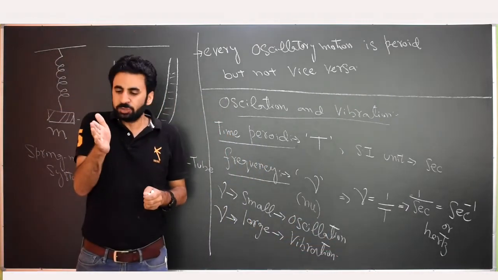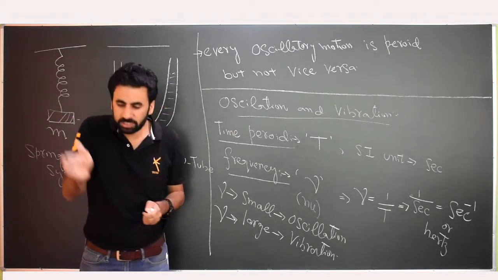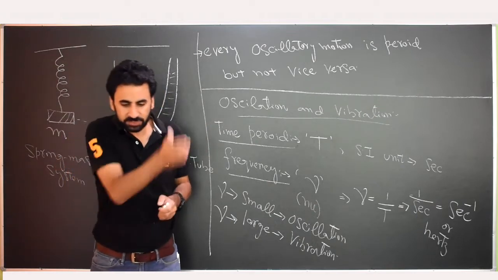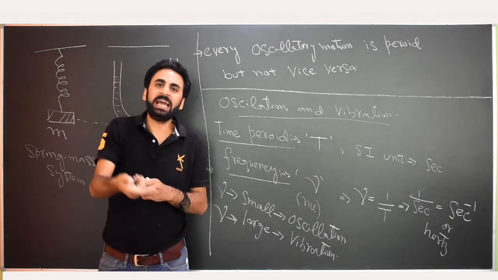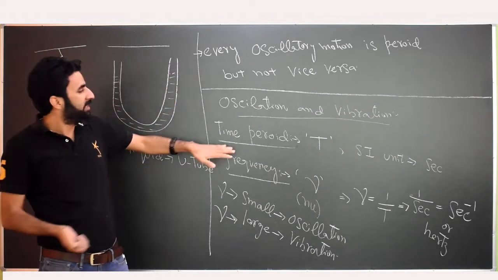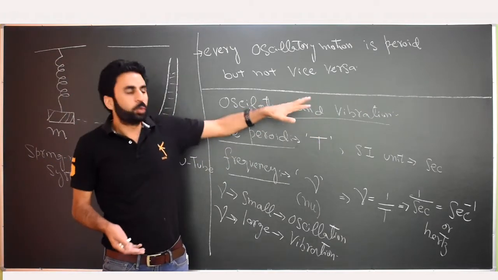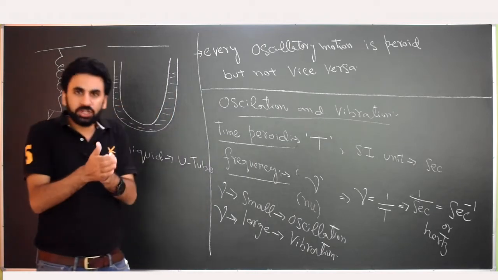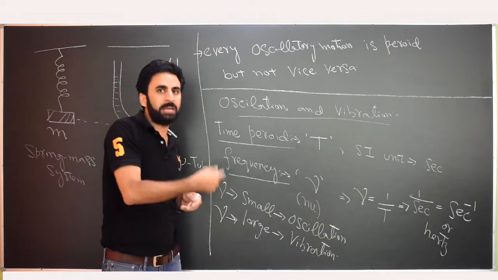Suppose a particle is oscillating this way, it's moving slowly, we can call it oscillation. But if the motion is this way, it's fast, its frequency is more, we can call this motion vibration. So technically, oscillation and vibration are synonymous. The requirement for both types of motion is the same, that is the repetition at regular intervals of time and to and fro motion about a fixed point.